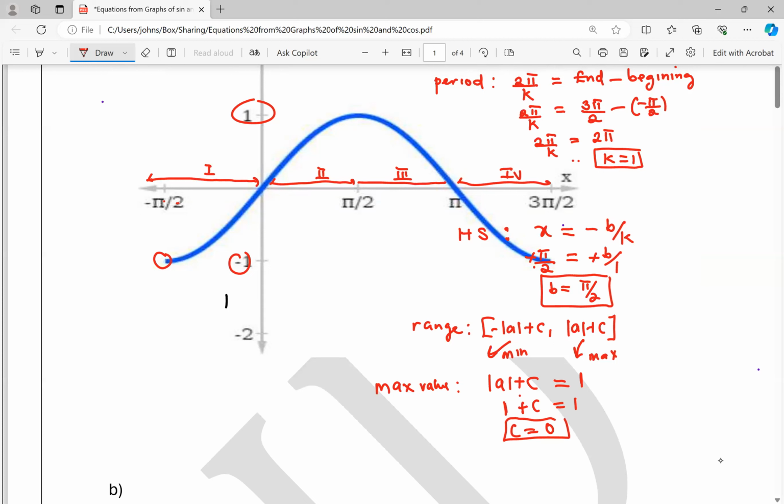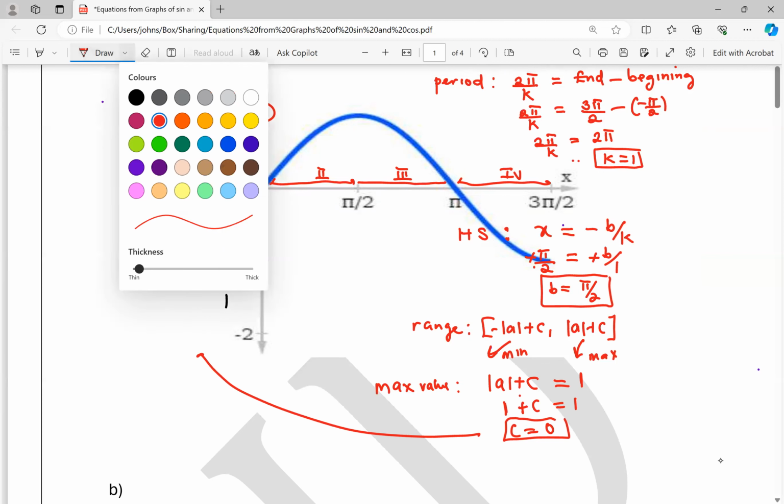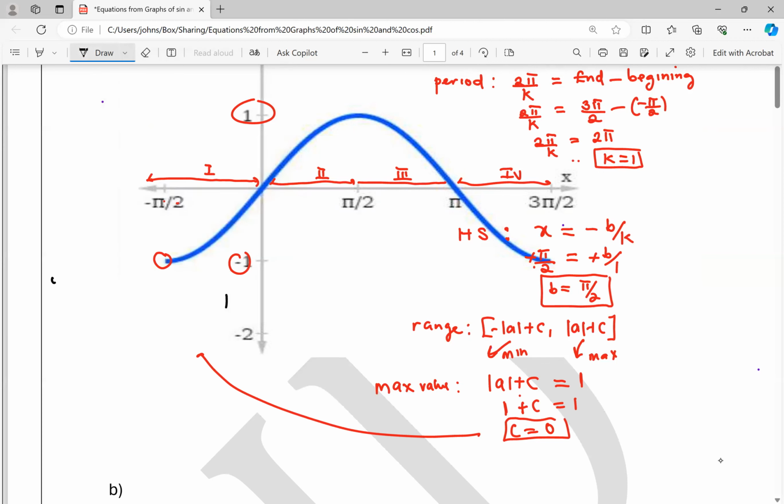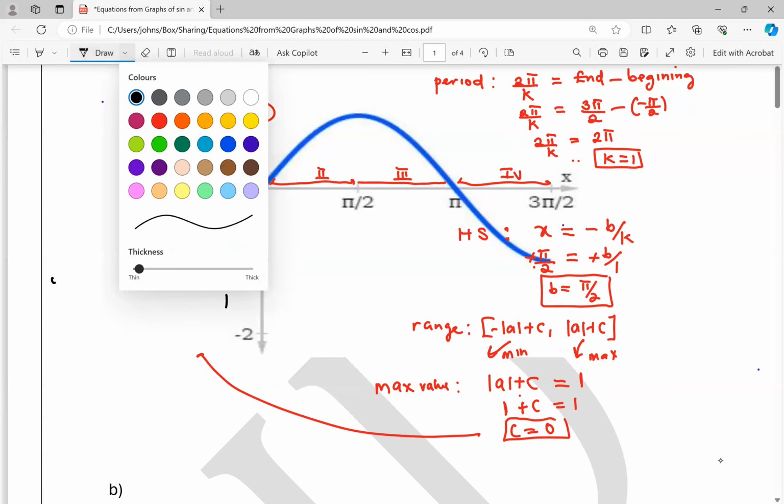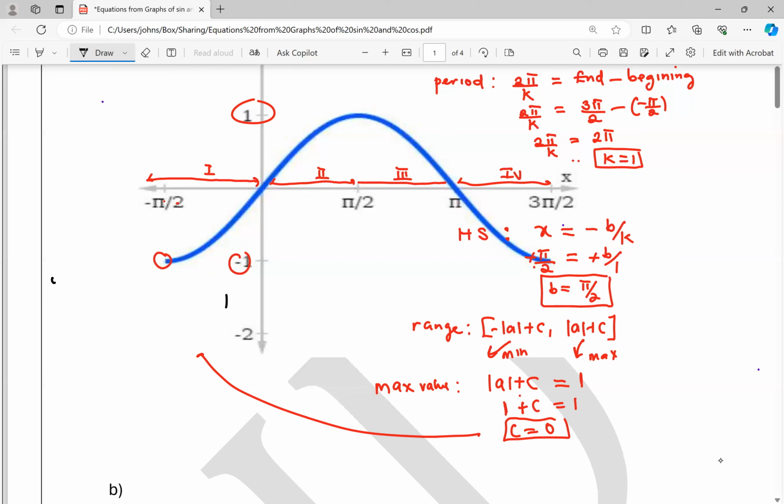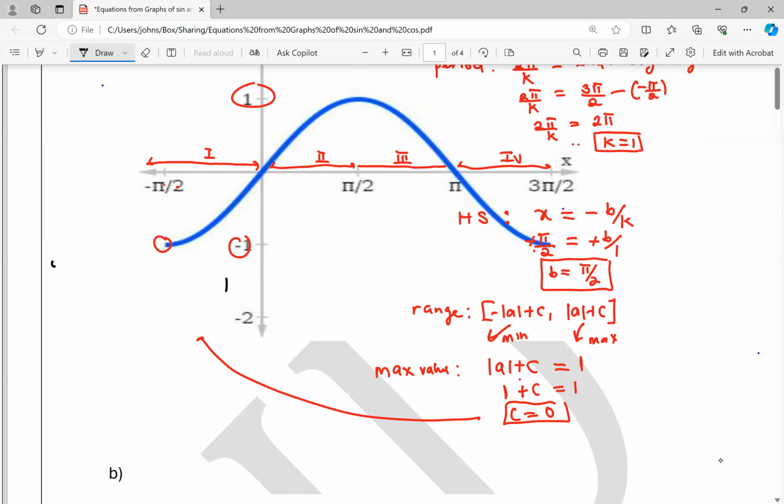Okay. So now we have everything. Then we can just come and write it in our equation. Remember, our equation is nothing but y is equal to what?